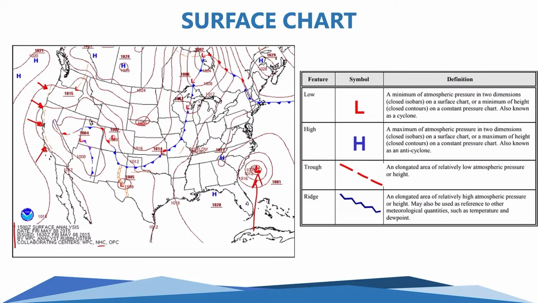The closer those isobars are together, the stronger the wind is going to be. Very simply, if you're flying through most of the continental United States, there's not a lot going on. There is a low pressure system where the winds are going to be a bit stronger north of Michigan and Canada. We can see that they're starting to come together a little bit more, but it's not going to be anything like a hurricane. Okay.